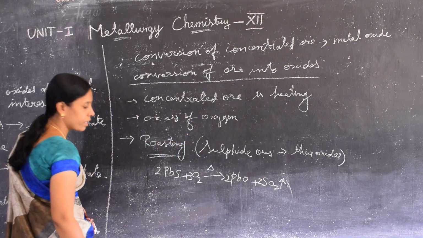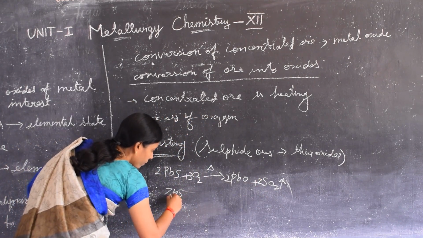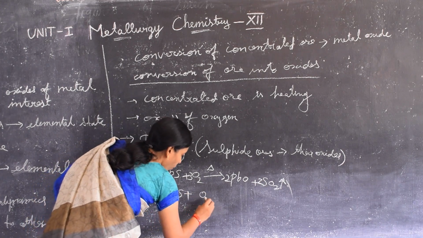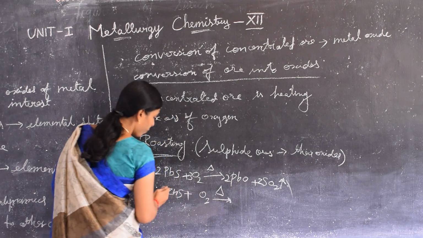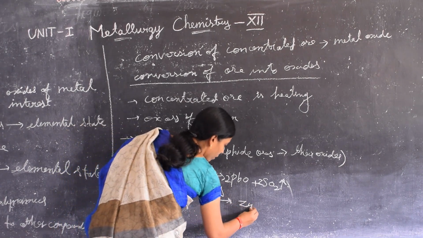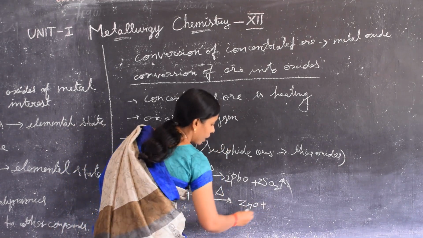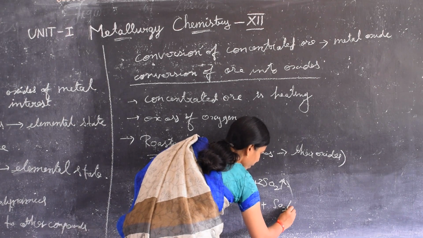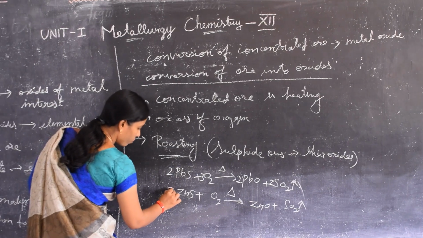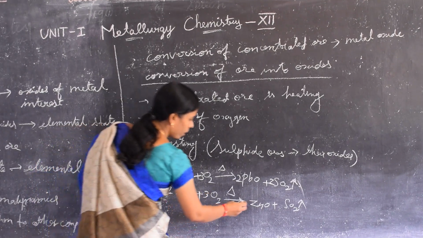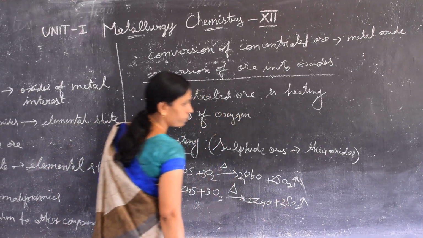Then zinc sulfide is oxidized by heating to form its oxide, zinc oxide, and sulfur dioxide escapes. So this is 2, here 3, 2, here also 2.